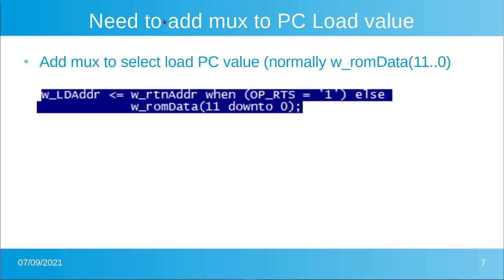So we'll add a mux to the PC load value. Up until now, the PC load value has only been loaded with the ROM data, the bottom 12 bits, and it was connected directly up to the entity map. In this case, we'll create a signal wload adder that will be a multiplexer that will select either that ROM data for most cases, or if it's an RTS, it'll select that return address that we've created.